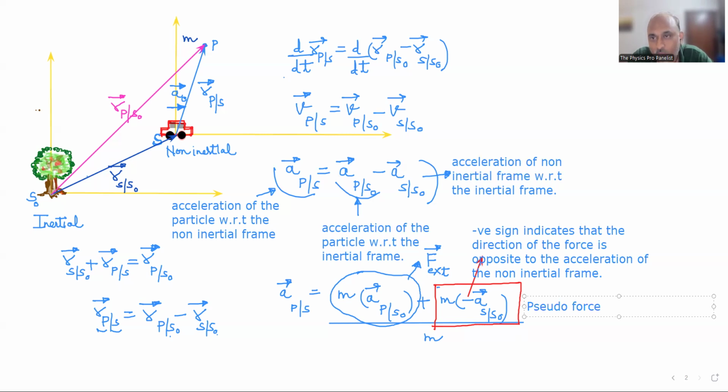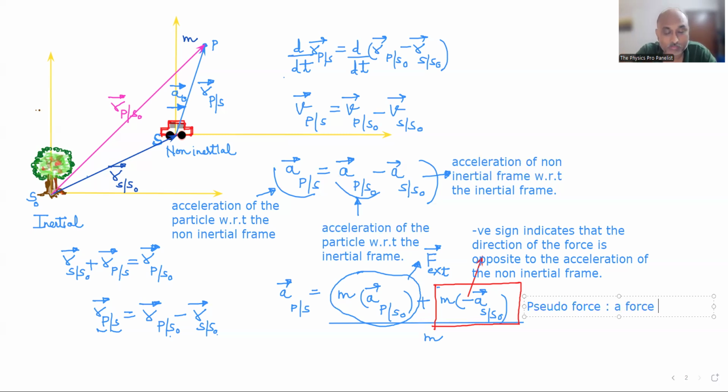What is pseudo force? It does not act on the particle, but we have to bring in that force in the free body diagram when we observe the particle from a non-inertial frame of reference.